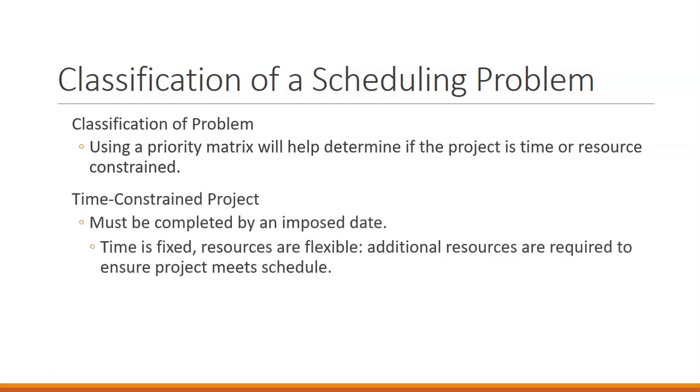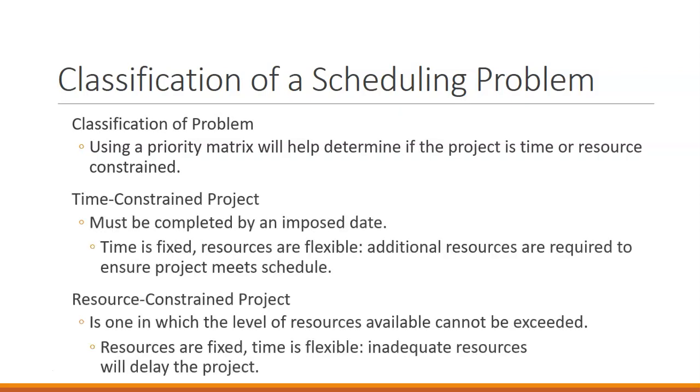When we're looking at scheduling, we have either a time-constrained project or a resource-constrained project. So in a time-constrained project, we have a project that must be completed by a specific date. The time is fixed, but our resources are flexible.